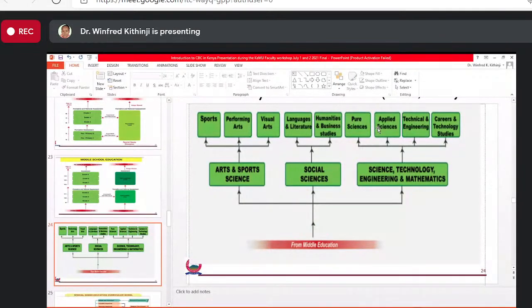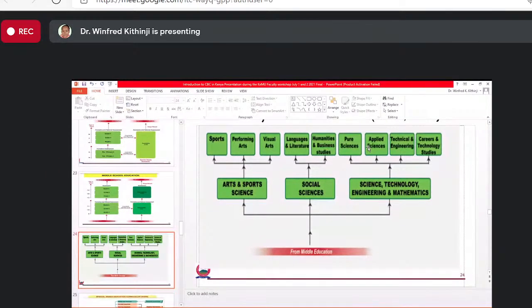So that's where those who like to move to medicine and health science will be covered. Is that here now? Yes, it is. Yeah, that one is covered under the pure sciences.